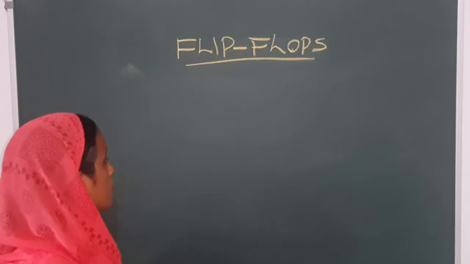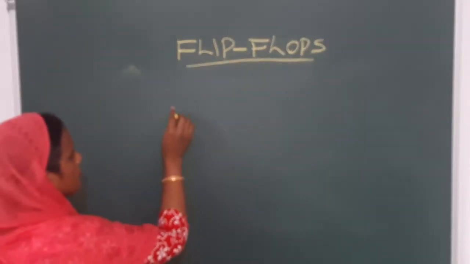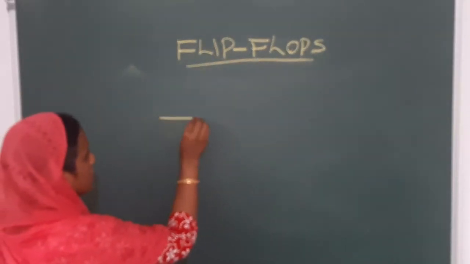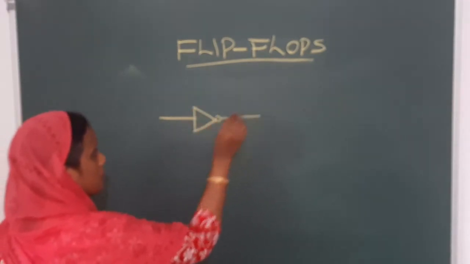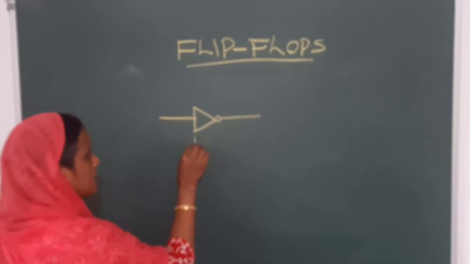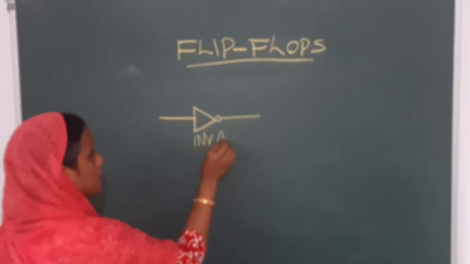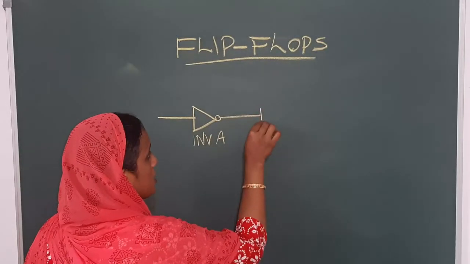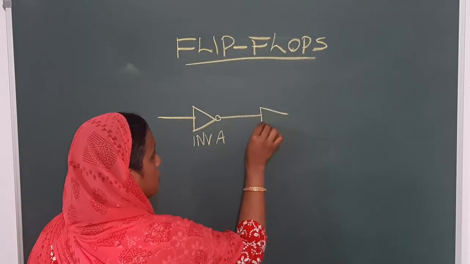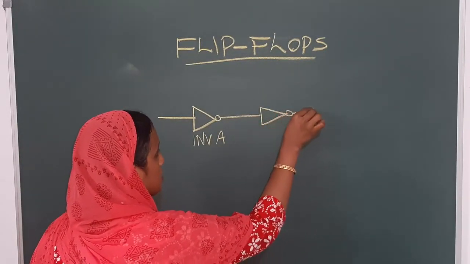So now, this is an inverter. Let me call this inverter A. Its output is connected to another inverter like this.